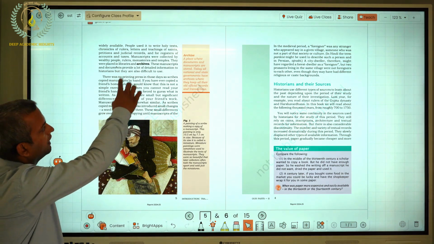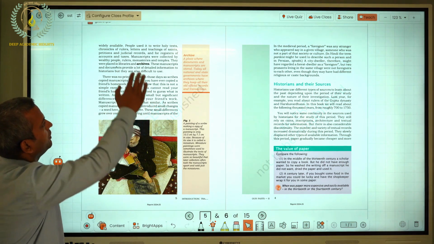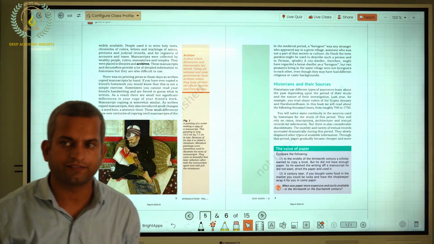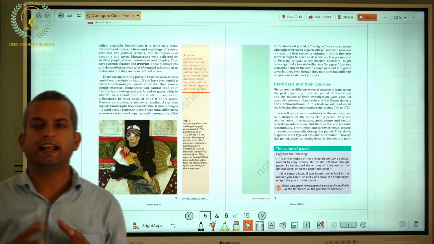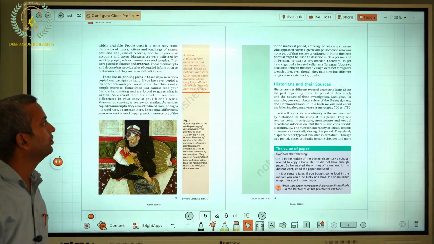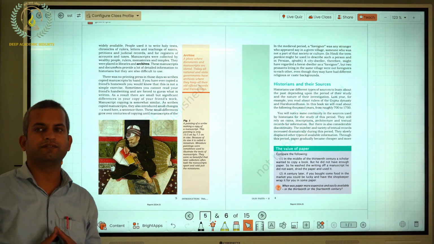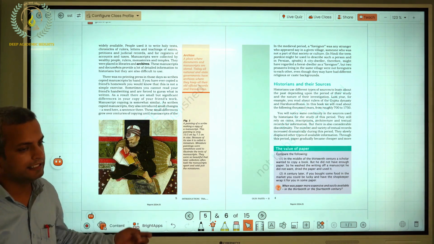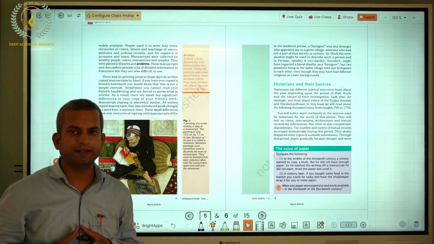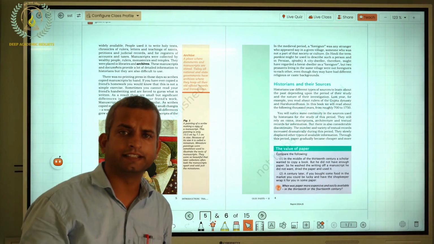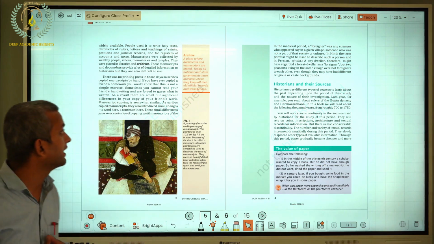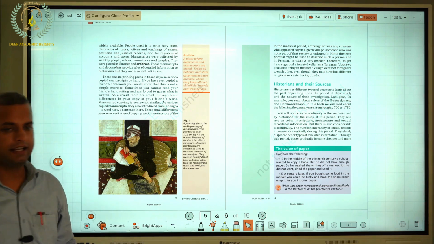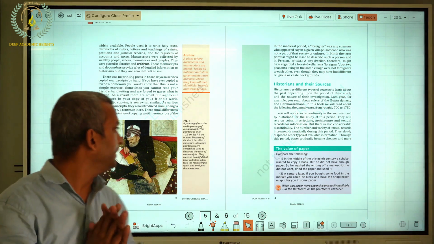Usually, the rulers or the kings used monasteries or temples to store these kinds of archives because they are well protected and guarded places, and there is very little chance of these documents being stolen. So archives are the places wherein all the documents or official records are kept. Generally, it is a national or state government building where these kinds of records are kept.